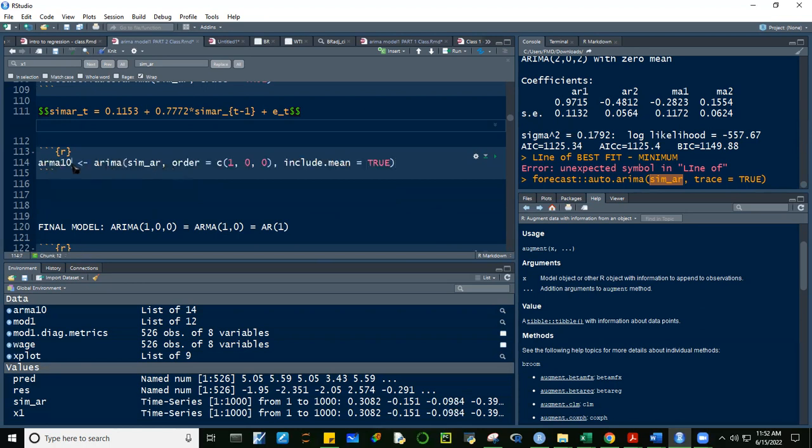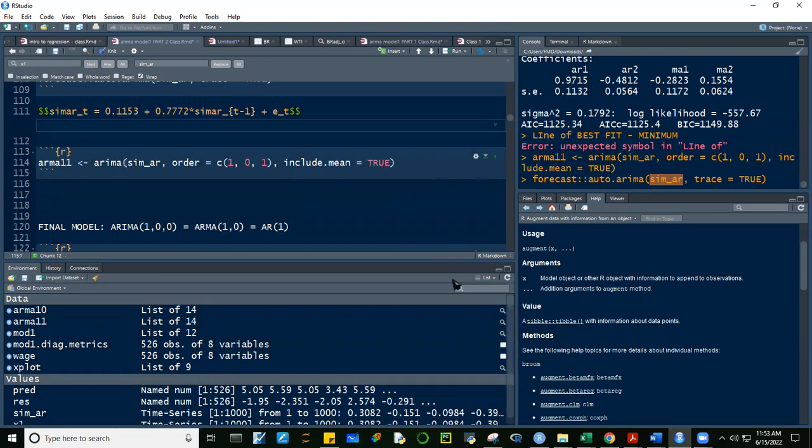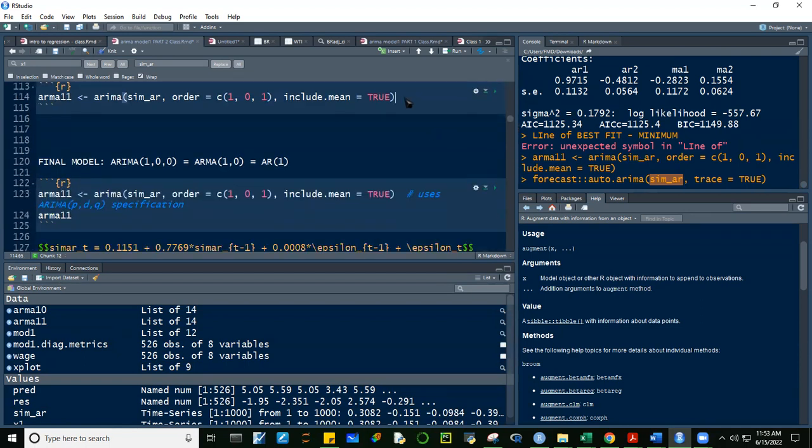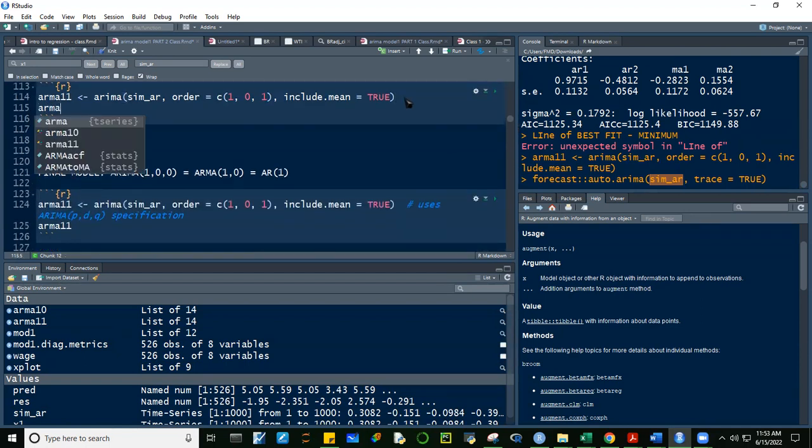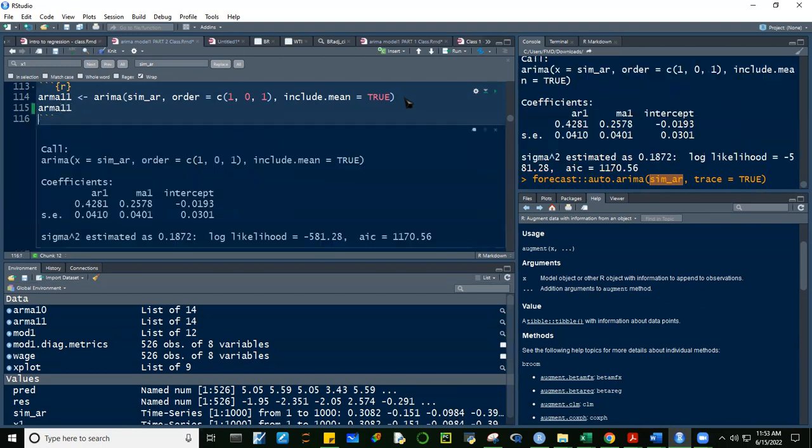No? So let's call this ARIMA 1-1. Yung simulated time series natin. Okay. So imo-model natin siya as an ARIMA 1-1 process. No? Let's see what happens.